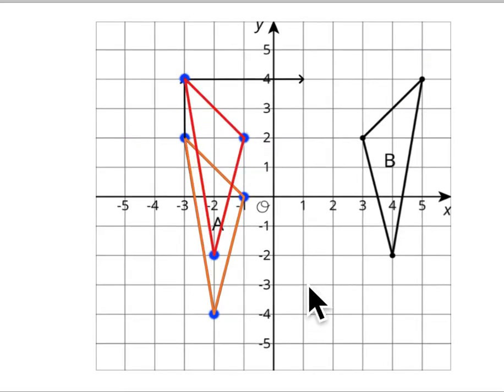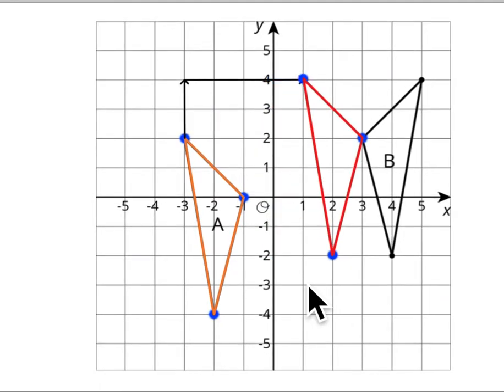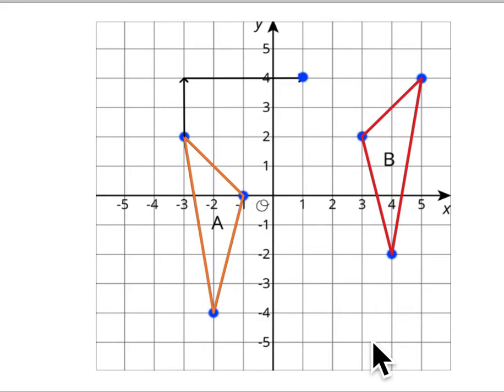I moved it up 2 units, and then over 1, 2, 3, 4 units, and then reflected it around a line that's vertical and parallel to the y-axis that goes through 3. So this is the x value of 3, and then that's the line that's perpendicular to the x-axis going through 3. So that's the line of reflection, and it reflects over to B.